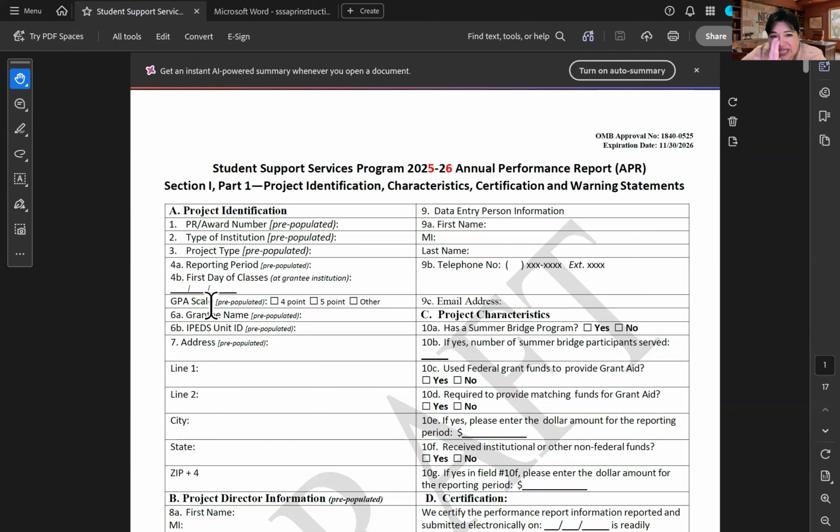But your date 4B is going to be September of 2026 here, for the 26-27 APR. So any services, your first service, if you want them new for 26-27, needs to happen on or after September 14th. Hopefully that makes sense.